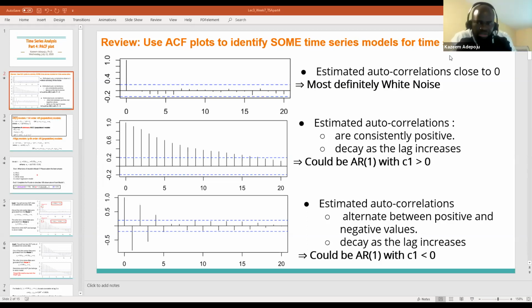The ACF plot of that one is the ACF plot of the residuals, which is white noise. But the ones I'm talking about right here are the ACF plots of the time series data.